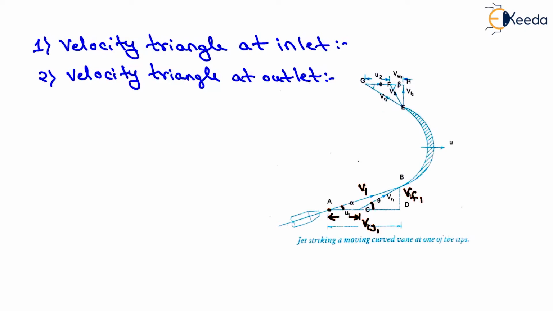This means that the relative velocity at outlet Vr2 will be equal to Vr1. Also, the relative velocity at outlet should be in the tangential direction to the vane at outlet. Now draw EG in the tangential direction of the vane at outlet and cut EG equal to Vr2.